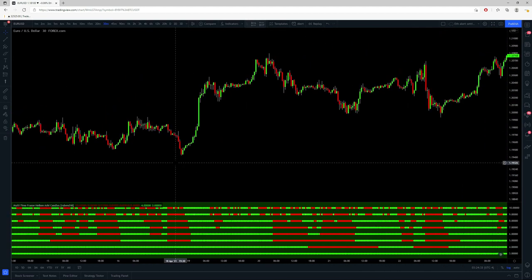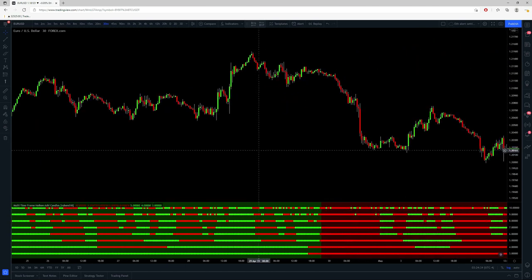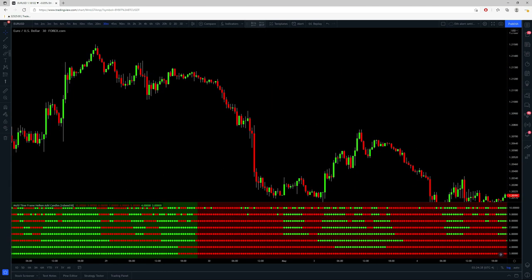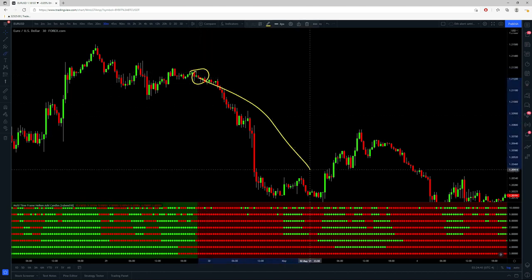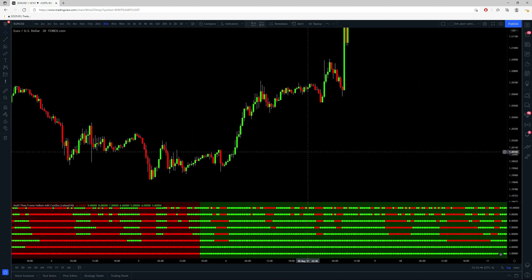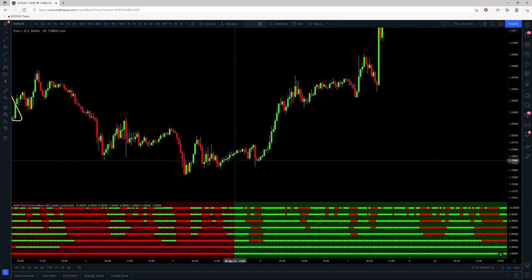Another big one here, still going. All right, and then it ends right here. So when this thing says that the trend has ended, the trend has really come to an end, or at least temporarily.